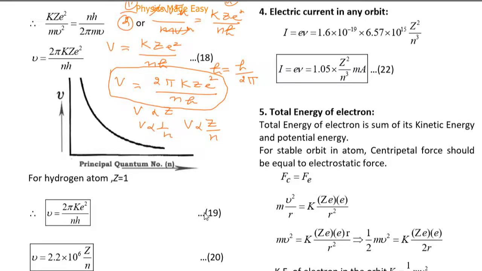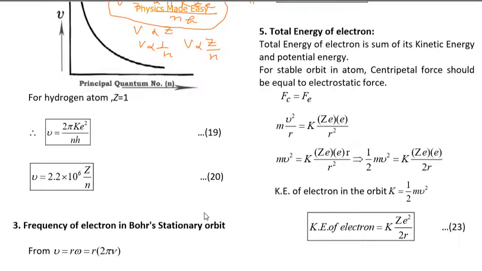So this is the basic formula for velocity actually. Now if we fill the values in 2 pi k Z e square by n h, this will become 2.2 into 10 raised to power 6 Z by n.